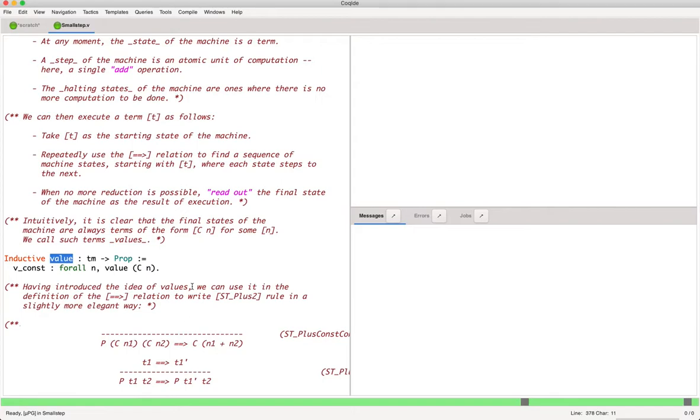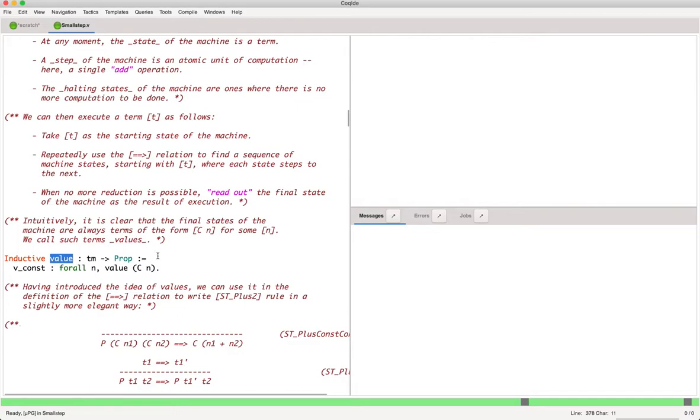We'll see later in the lambda calculus segment in week 12 that functions are values as well, not just numbers. But in this language, the only kind of value we have is the numbers represented by constant terms like this.